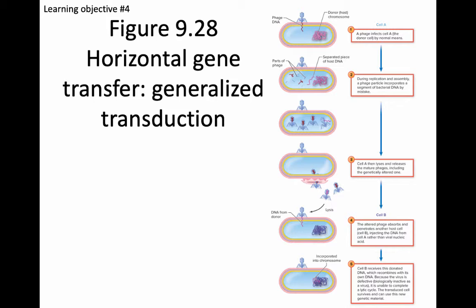When these phage lyse the bacteria cell, the viral DNA containing bacteriophage will go on and cause further viral infections of other bacteria cells. But the phage with bacterial DNA in its capsid will transfer bacterial DNA from the donor, which was the originally infected bacteria cell, to a new recipient.